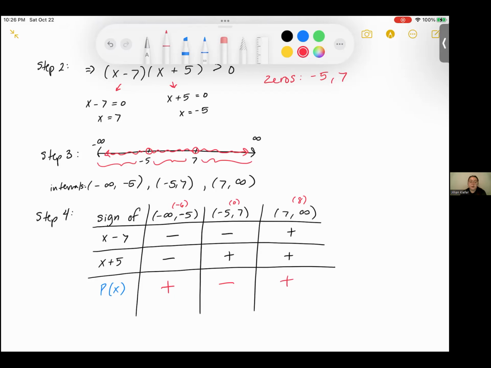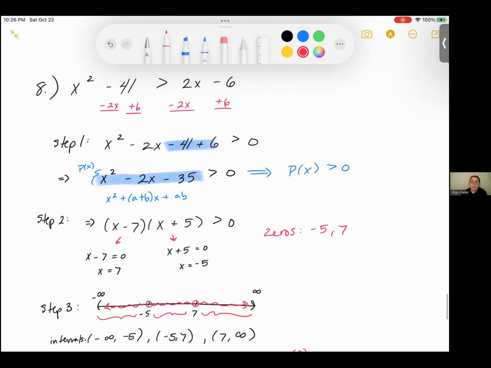All right, so we figured out when p of x is positive and when it's negative. We want to remember that what we're looking for is when p of x is greater than 0 or when p is positive. So that's what this is saying right here, positive.